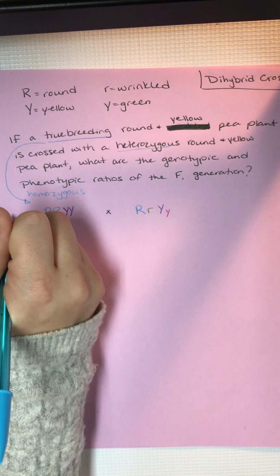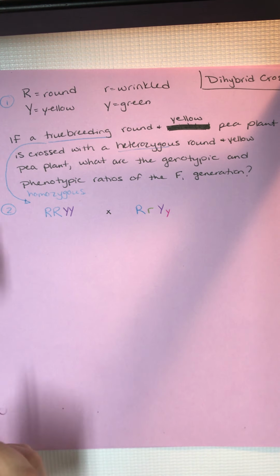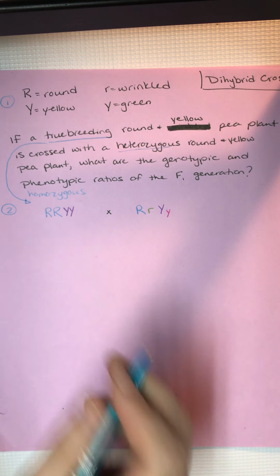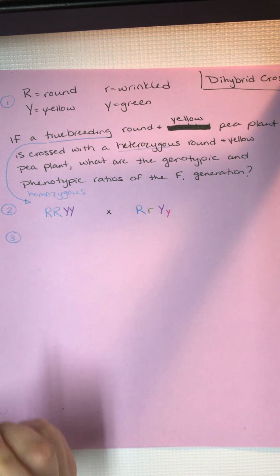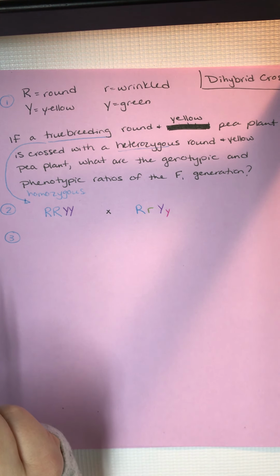But after, I guess this would be step one, after we've identified our genotypes, the next thing we're going to do here is figure out all the possible gametes that each parent can produce.